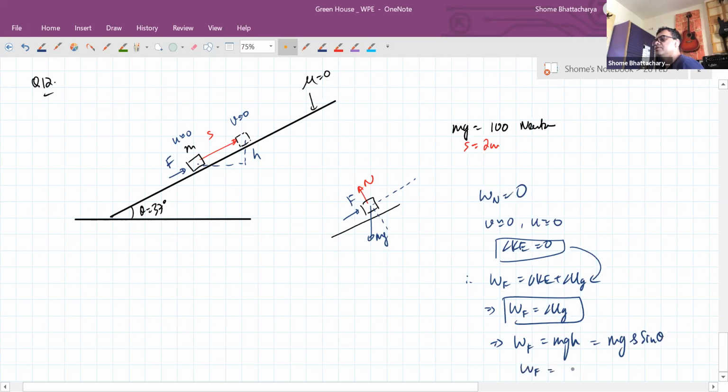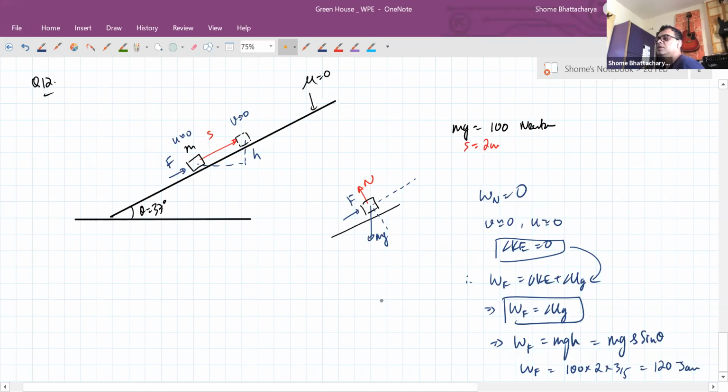So work done by F will be equal to 100 into s, which is 2 into sine 37, which is 3 by 5. So 120 joules. That will be the work done by F.